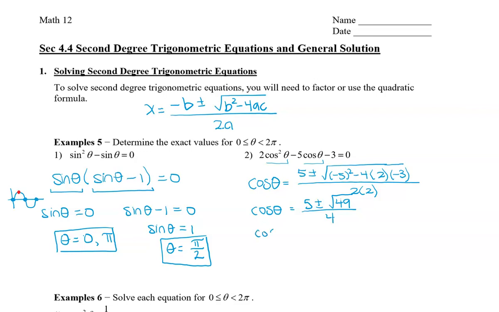So here we have cos theta is equal to 5 plus 7, which is 12, over 4, which actually equals 3. Or we have cos theta is equal to 5 minus 7, which is negative 2 over 4, or equals negative a half.